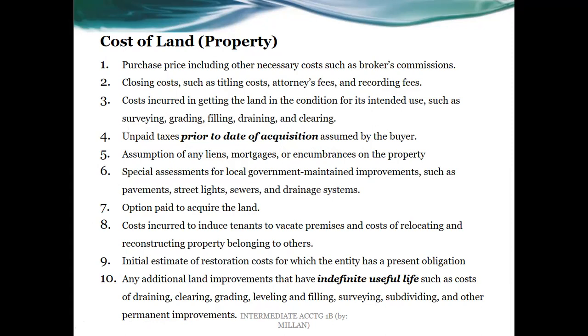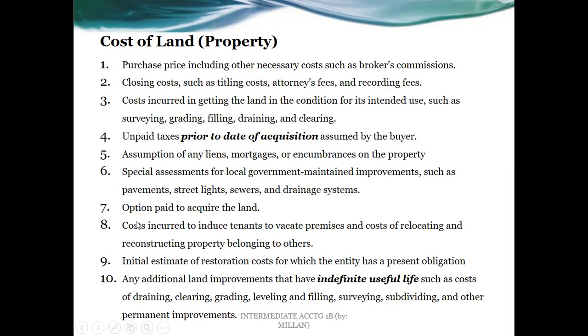And then it paid an option money, let's say X amount, for it to be given X number of days to look for the money, to prepare for that. So that is option money, which is not yet part of the price. If the land is acquired, meaning the acquisition is successful, that option money will have to be included as part of the cost. If unsuccessful, then it will be expensed immediately.